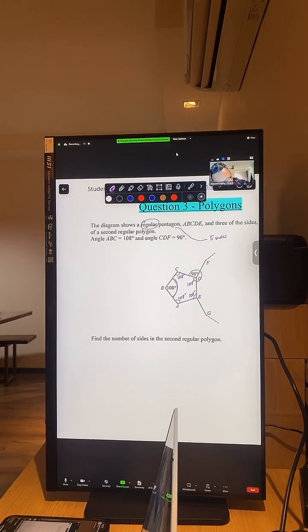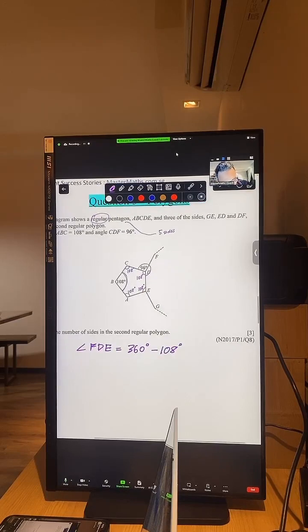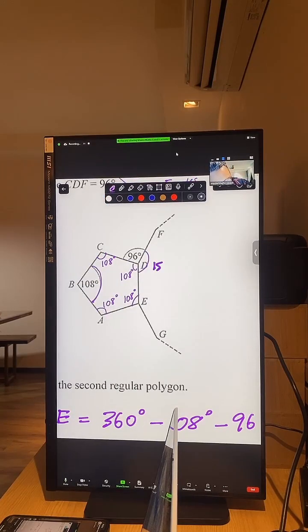Angle FDE equals 360 degrees minus 108 degrees minus 96 degrees. That will give me 156 degrees. So this is 156. This is also 156. This will also be 156. Because this is a regular polygon, guys, all the internal angles will be equal.